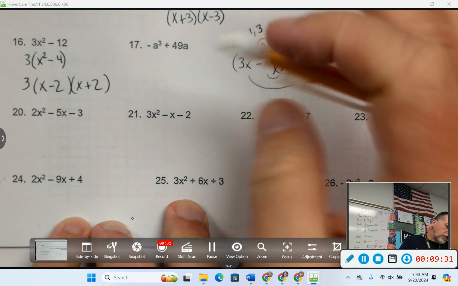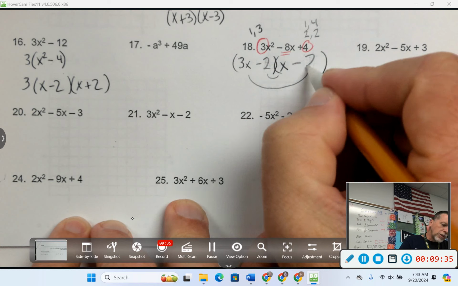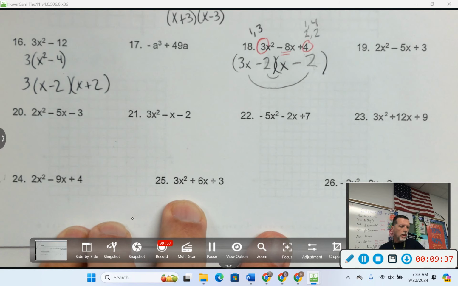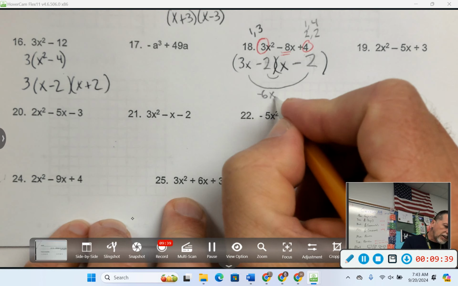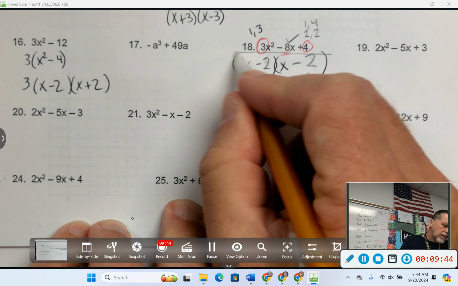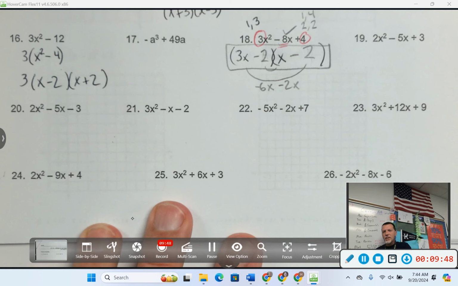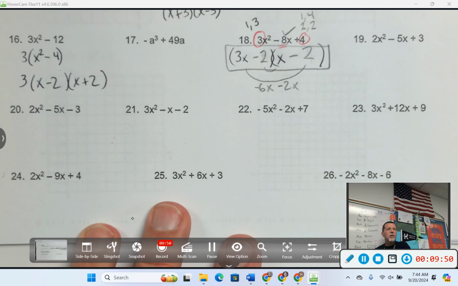Let's try 2 and 2. It better be 2 and 2 because that's the only choice we have left. Let's see, that's negative 6x and negative 2x. That makes negative 8x. It maybe feels like so much work because I intentionally guessed the wrong things first.